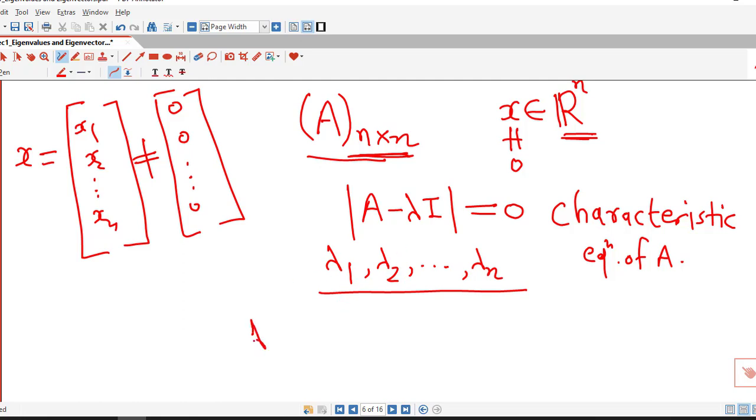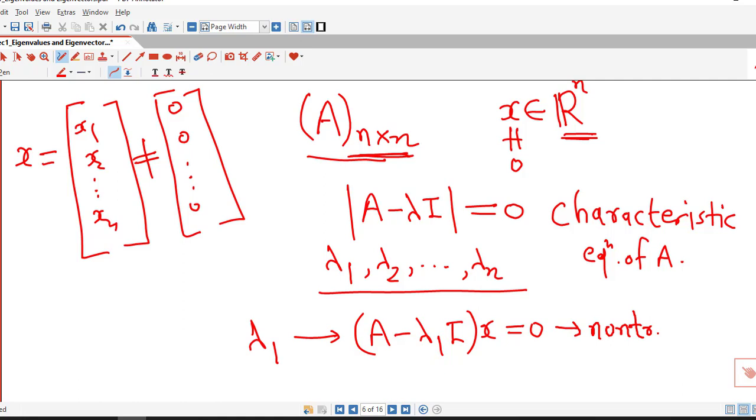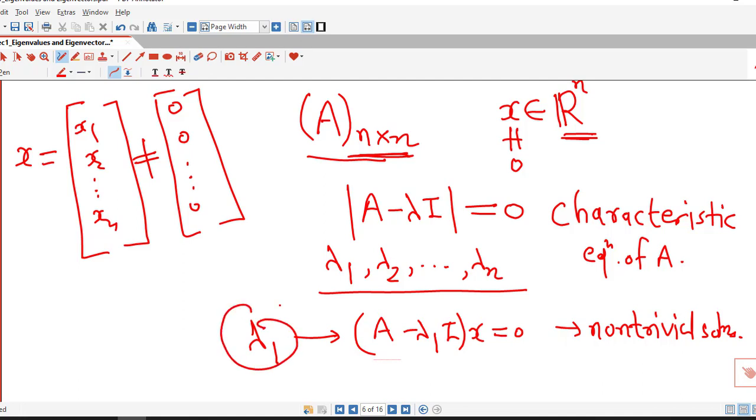So for each eigenvalue, we will solve this system, A minus lambda 1 I times x equal to 0, and this system will always have non-trivial solutions. The non-trivial solutions of this system are nothing but eigenvectors corresponding to eigenvalue lambda 1.